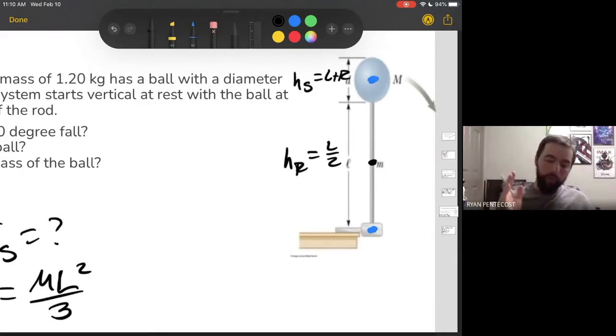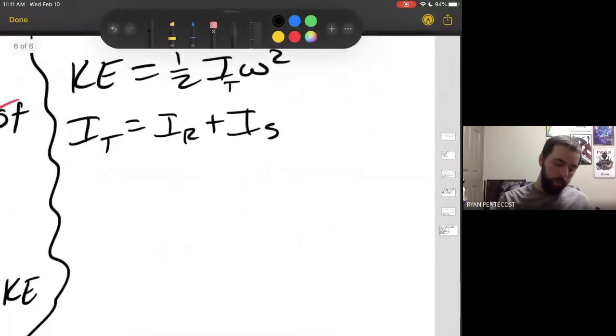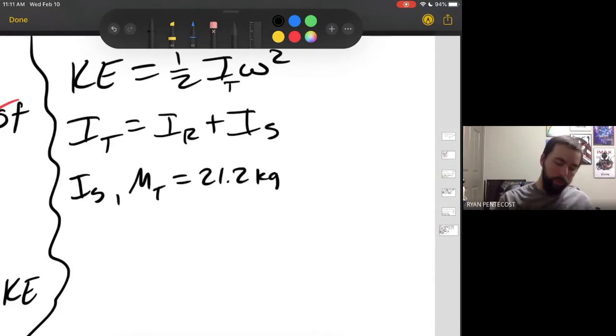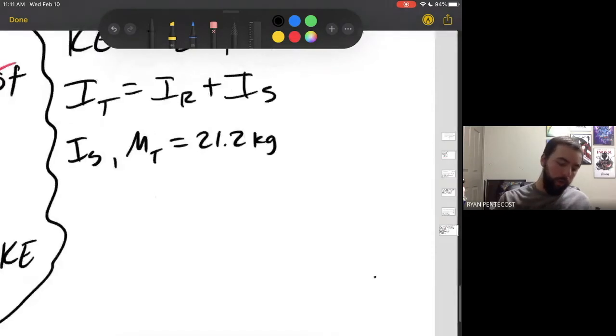So when we consider the mass of the rod being rotated and the mass of the sphere being rotated, we're actually going to consider both of those masses as if they were in the sphere. So for the moment of inertia of the sphere, we will use total mass, which will be 21.2 kilograms, not 20 kilograms.